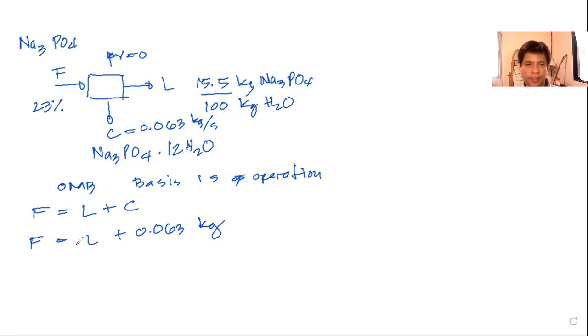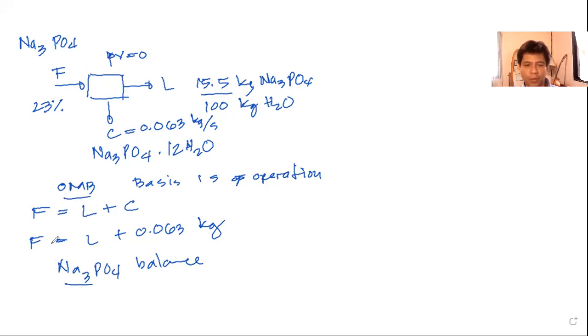Question regarding overall mass balance. Tapos sunod, syempre mag-ano tayo, sodium phosphate balance. Nakita nyo hindi palaging F yung given, pwedeng L, pwedeng C, pero just proceed. Just do the overall mass balance and then just do the sodium phosphate.